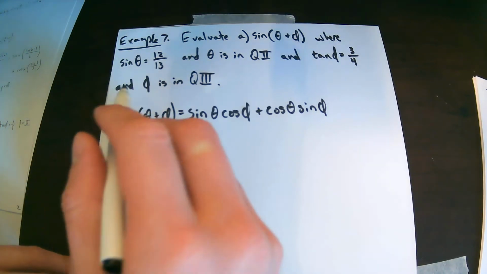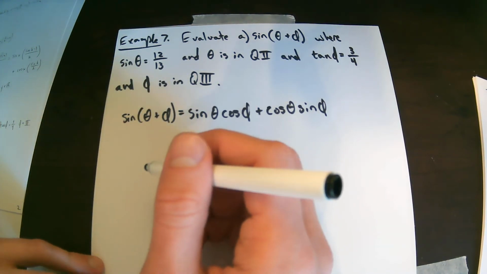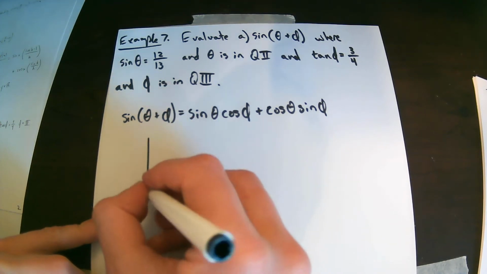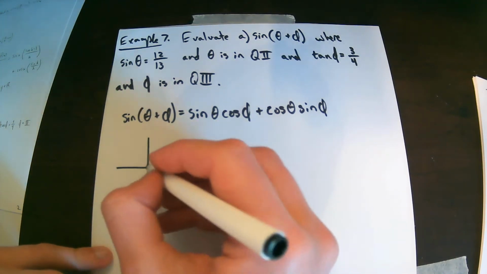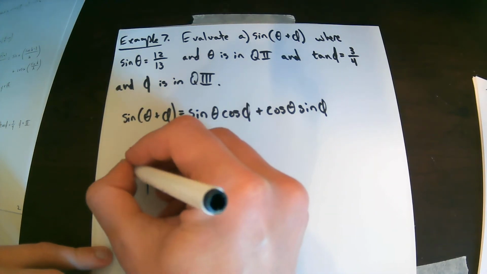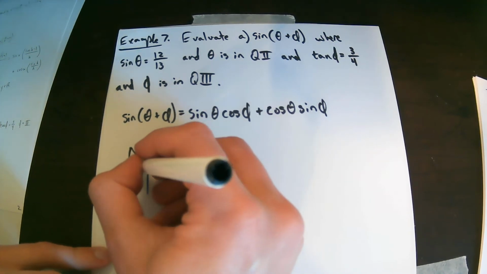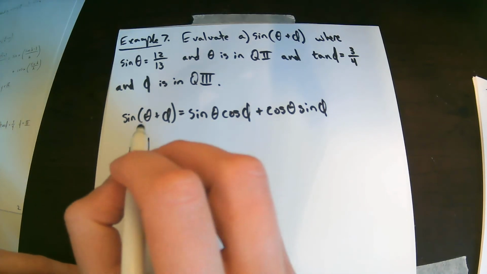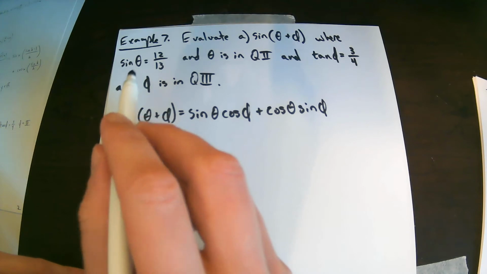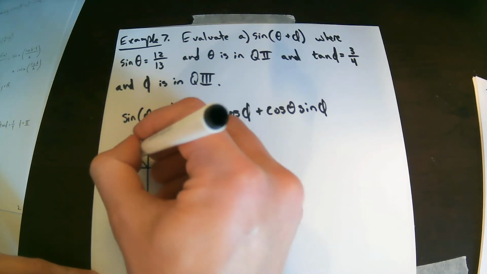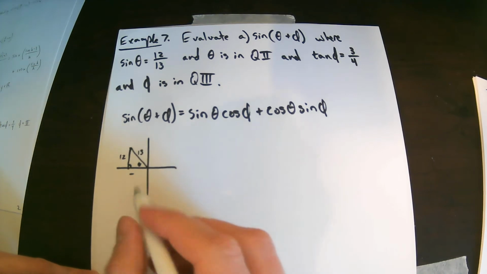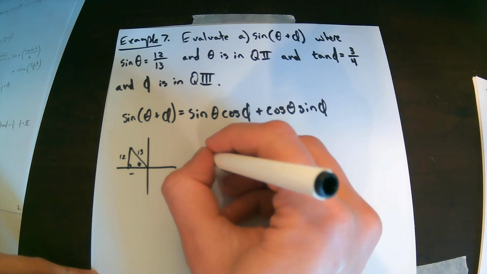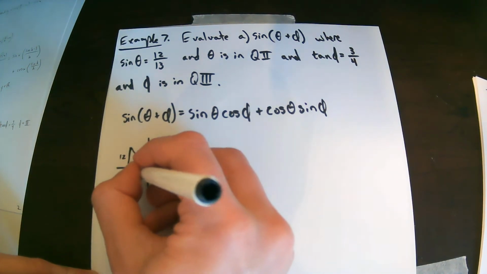Actual numbers. So they tell us that sine of theta is equal to 12 over 13, and theta is in quadrant 2. So quadrant 2 is over here, so something like this. And so here's theta, where this side is negative and this side is positive, and sine is 12 over 13, that's opposite over hypotenuse. We need to find this missing side, so I think it's 5, right?